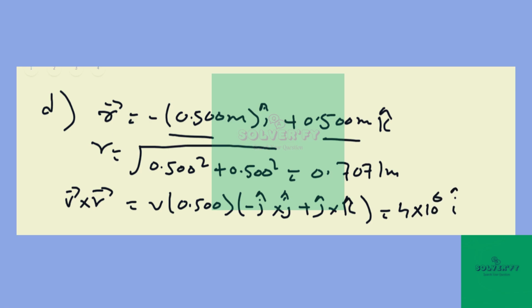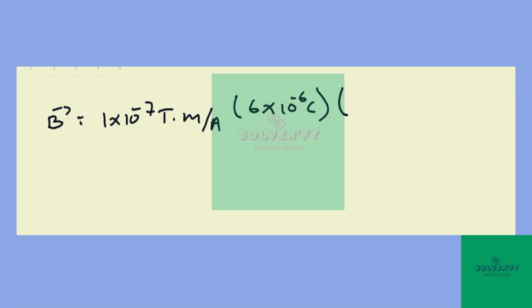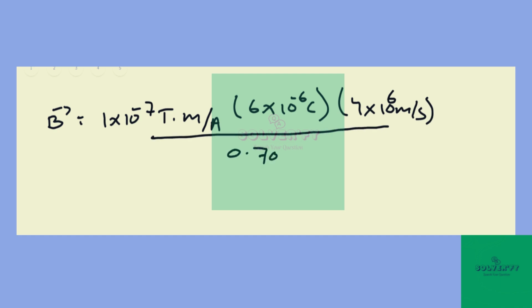And from here, substituting the values, B will be 1 times 10 to the power minus 7 tesla meter per ampere times 6 times 10 to the power minus 6 coulomb times 4 times 10 to the power 6 meters per second, divided by the magnitude, which we found to be 0.7071 meter, cubed here.